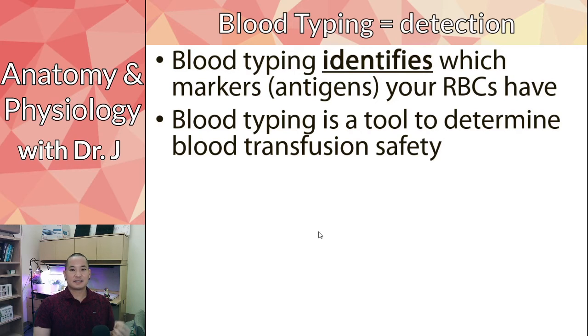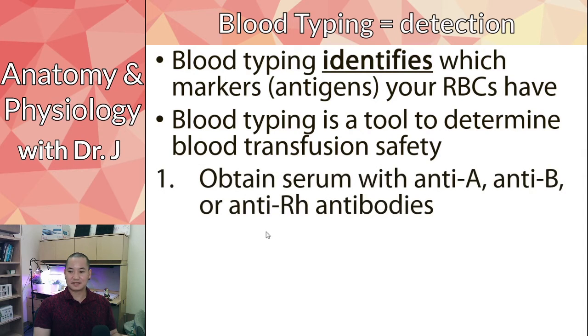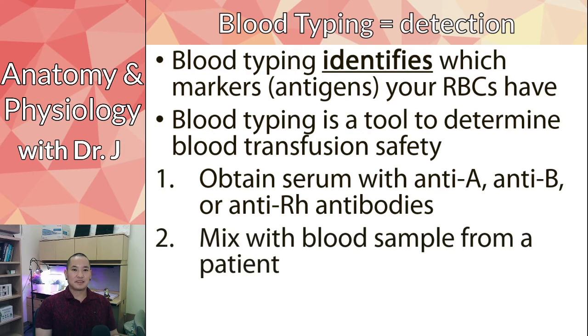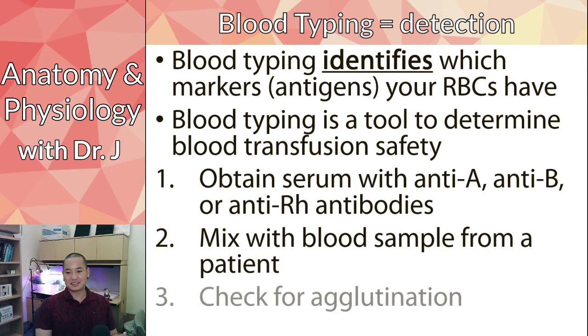It's a screening process to blood type a donor's blood before you transfuse it into a patient, to minimize the risk of an adverse reaction in that patient. This is how you do it. You obtain serum with these antibodies, either anti-A, anti-B, or anti-Rh antibodies, and then you mix with a blood sample from a patient. You don't mix it in the patient because you don't want that hemolytic transfusion reaction within that patient. Then you check for agglutination, so you look for that clumping.